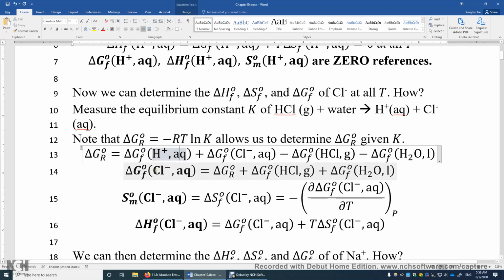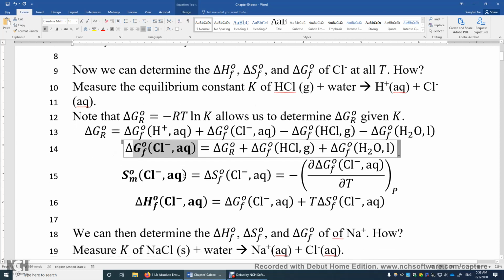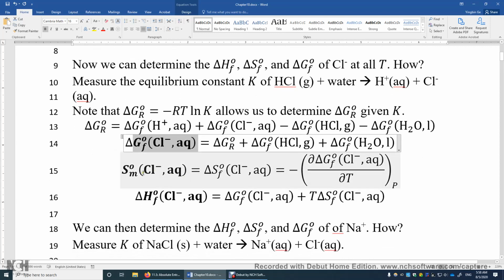And then in this case we can determine this Gibbs energy of Cl- at one temperature and another at another temperature. So if we have enough data for a decent temperature range, then we can compute the molar entropy of Cl- given the temperature dependence of the Gibbs energy of formation for Cl-.